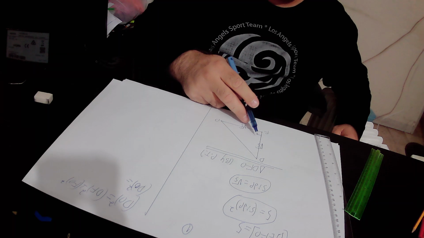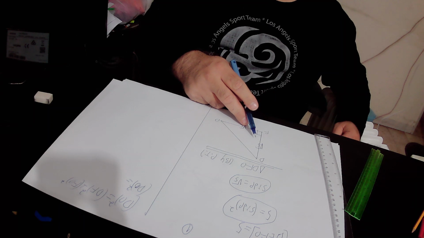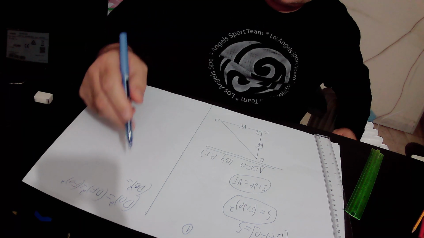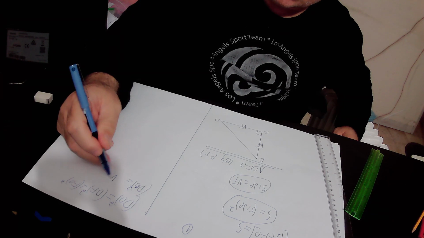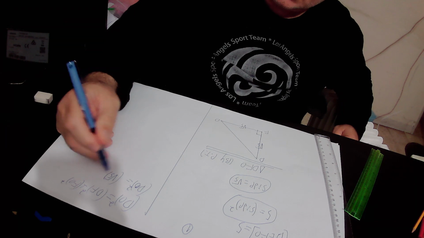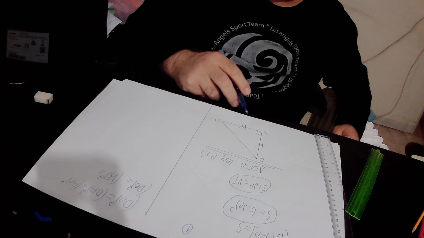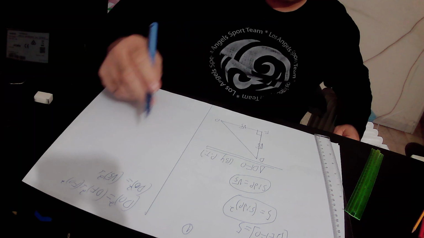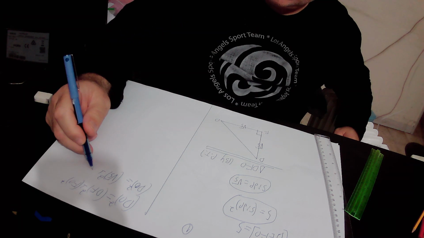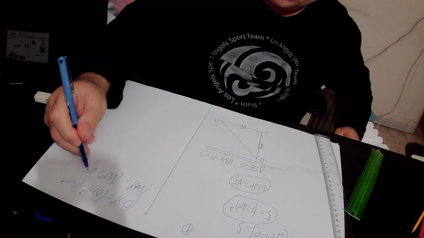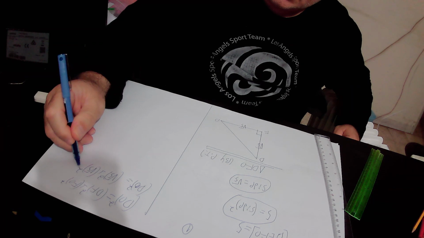DF squared. DF equals square root of 5 units. Therefore, DF squared equals square root of 5 squared, plus FO squared. FO is also equal to the square root of 5 units. Therefore, FO squared equals square root of 5 squared.